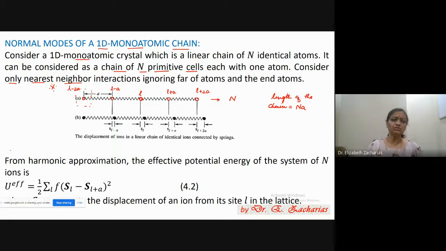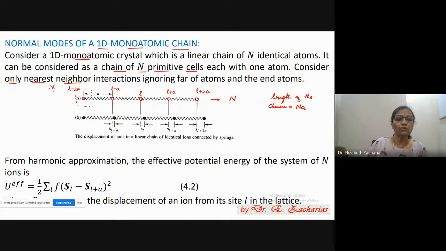Next, we will use our harmonic approximation. Already I told you, these atoms will not be sitting in their positions. Because of thermal energy, they are going to vibrate. So look at the next picture. This is the second picture of the chain.